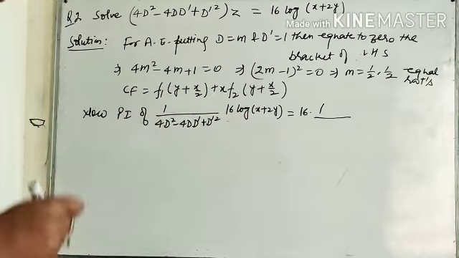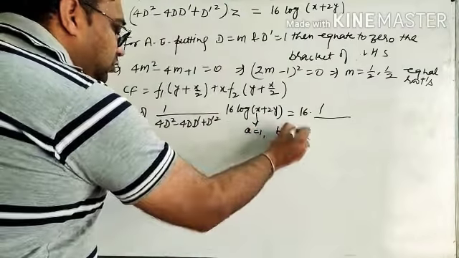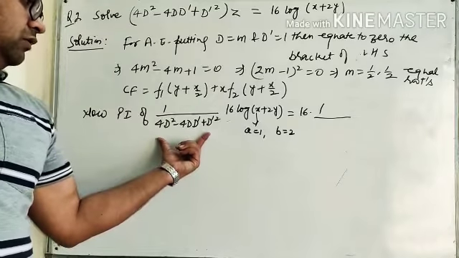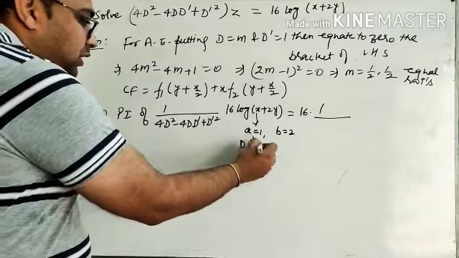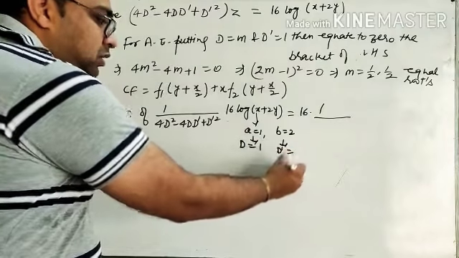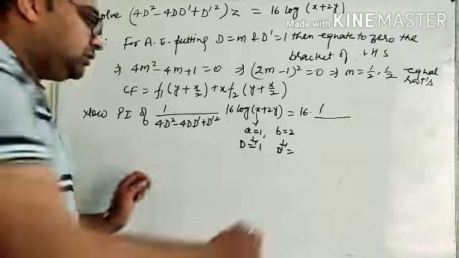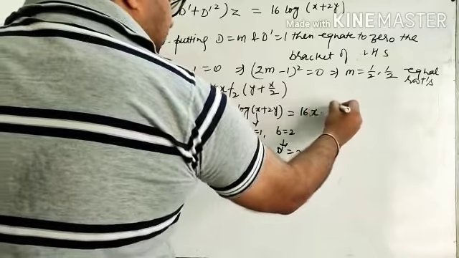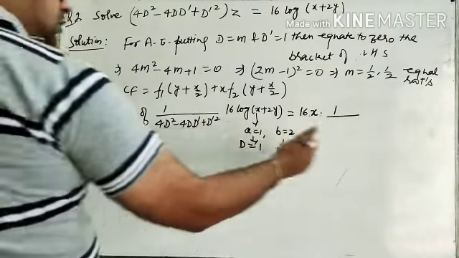Now check from this that a equals 1 and b equals 2. Check whether it is equal to 0 or not. When we put D equals 1 and D dash equals 2, it becomes 0. So we have to multiply by x and differentiate the denominator with respect to D.